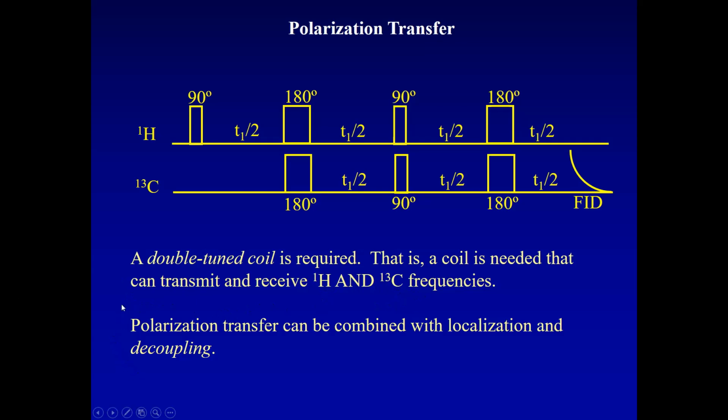This sequence not only allows us to boost the sensitivity of our carbon-13 detection, it also allows us to do localization in the proton domain. The proton domain has much smaller chemical shift dispersion. So the confound between the localization and the location of different chemicals in the spectrum is much less severe than it is typically for carbon-13.